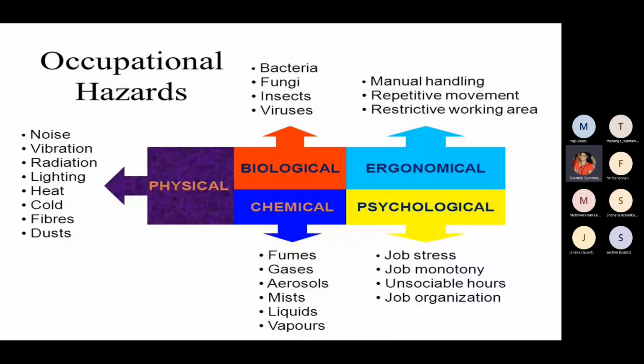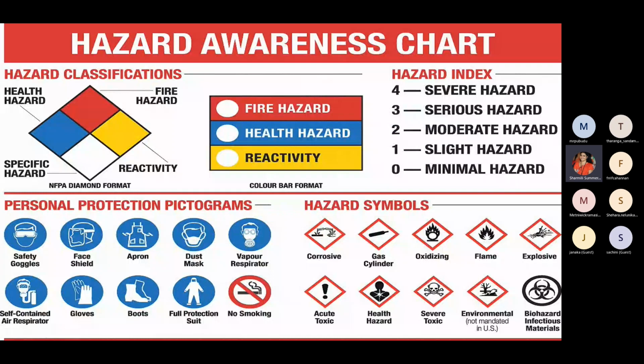Here you can also identify the symbols used in some working environments. The flame symbol indicates the area is flammable, so if you ignite a flame, there is a chance of that building or part burning quickly. Another symbol indicates explosive items are present in that area.